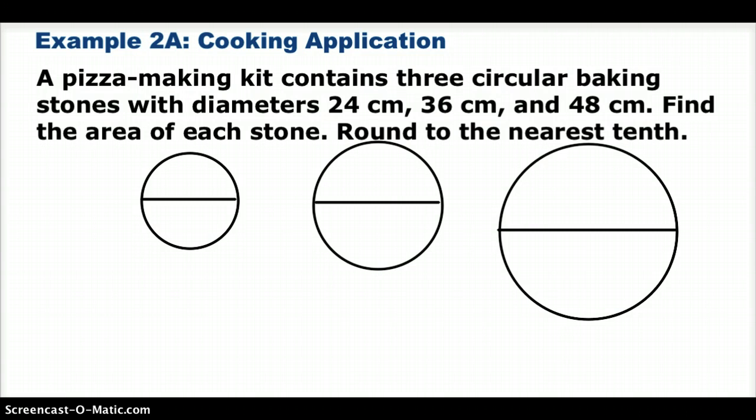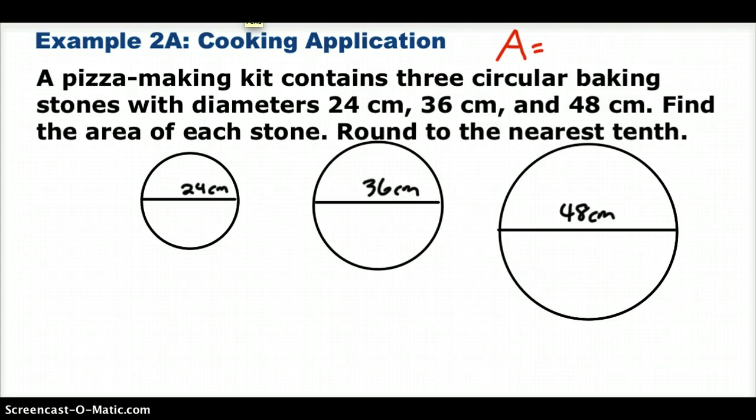And they told us that those specific diameters were 24, 36, I suppose I can attach centimeters on there. That'd be a good thing. And then 48 centimeters. They want to know the area of each one. Sorry, that's 48 centimeters. Erase that here. 48 centimeters.